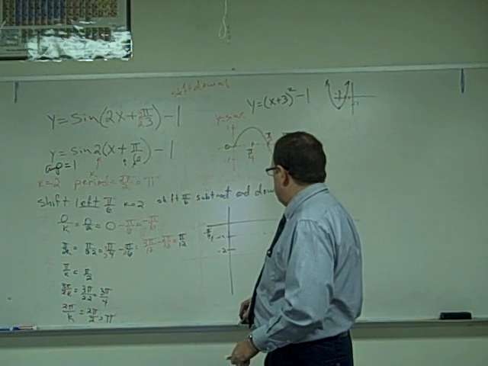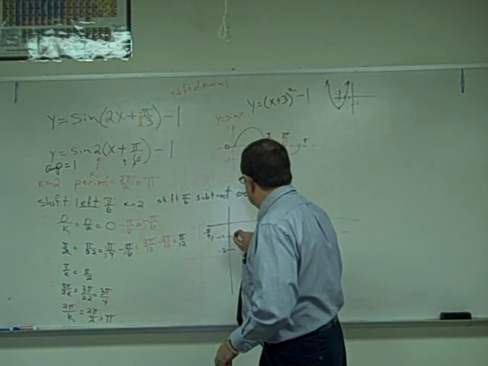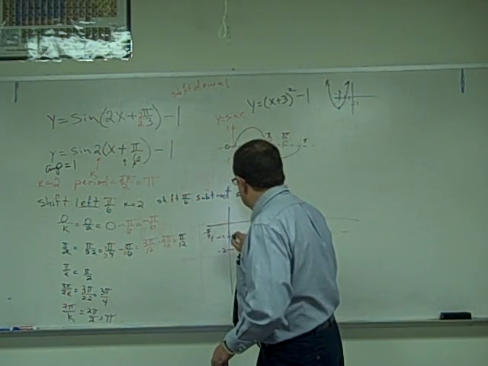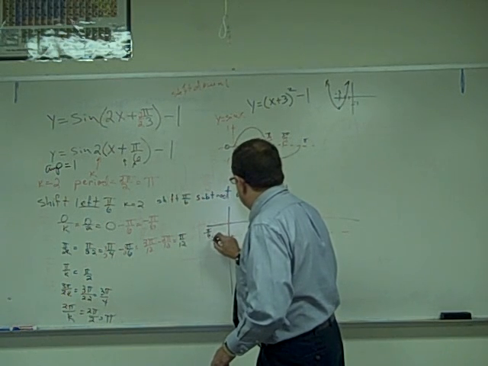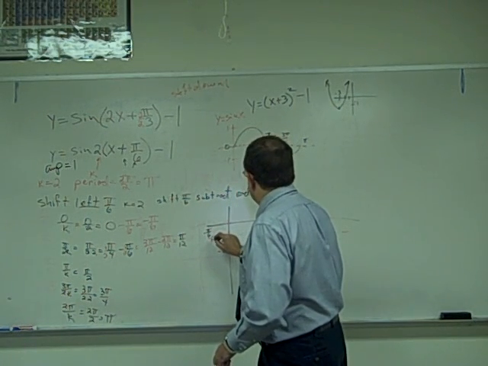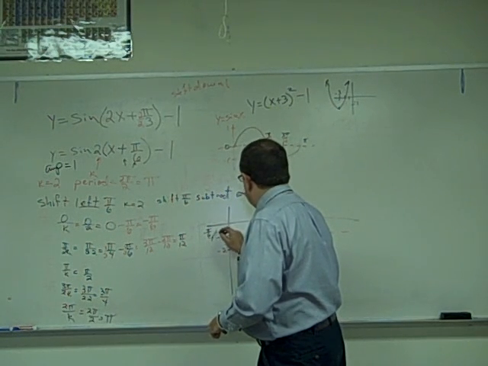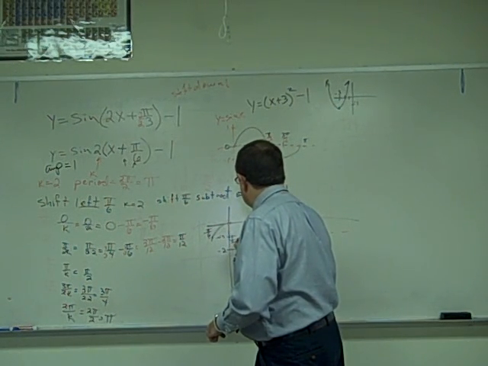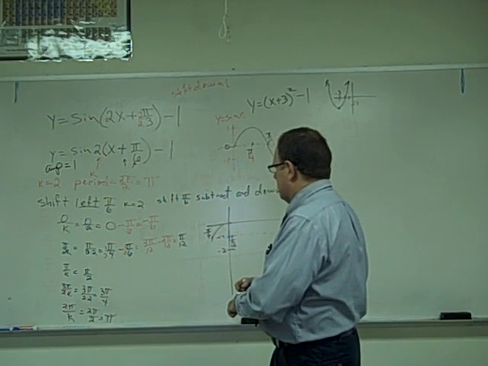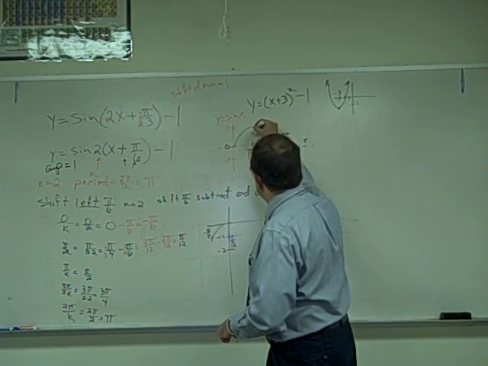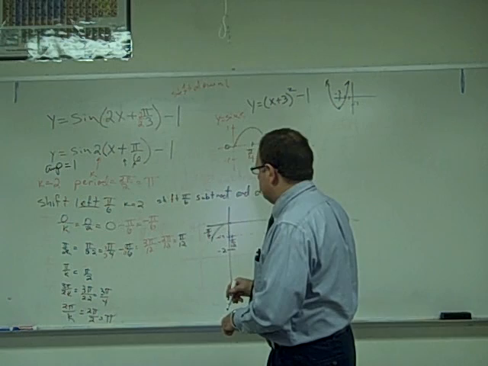And that's a positive pi over 12. So that'll be just past 0. So we start here at -pi over 6, and we're going to peak at pi over 12. Okay, just like we peaked up here at pi over 4.